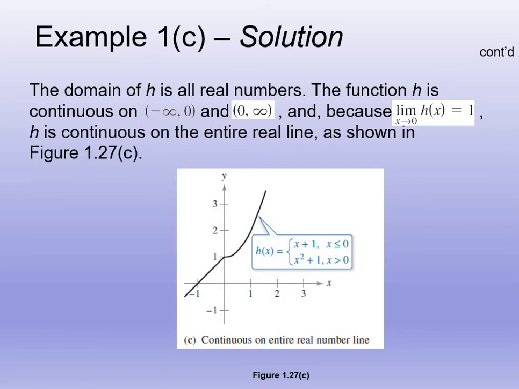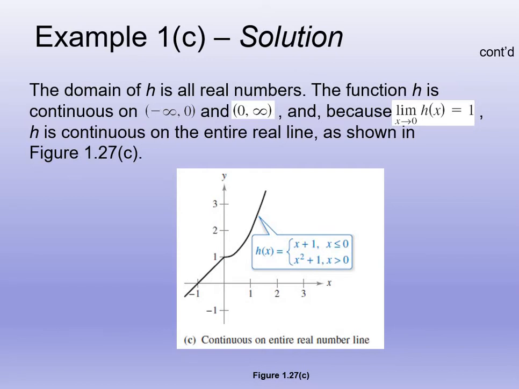And then if we look at the limit graphically, if we're looking from all the negative values up to x equals 0, approaching from left to right, the limit appears to be 1. And then on the opposite side, if we're coming in from the right-hand side, we're coming down that parabola, and as we get closer and closer to x equals 0, the limit is also 1.